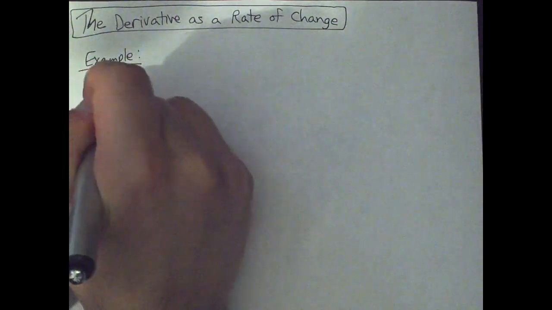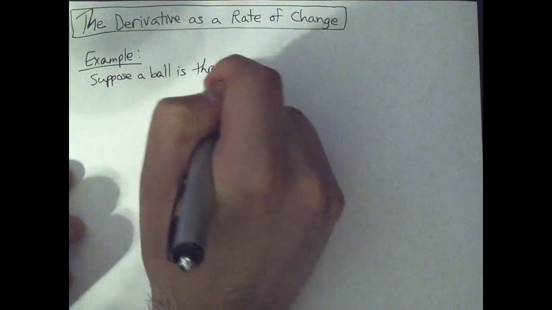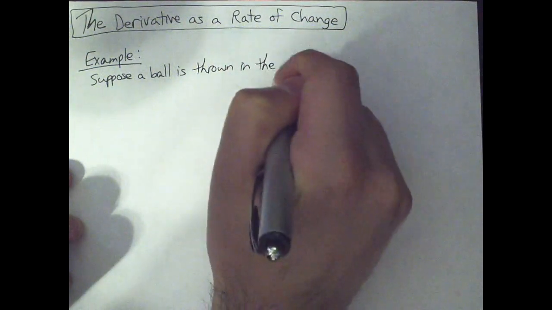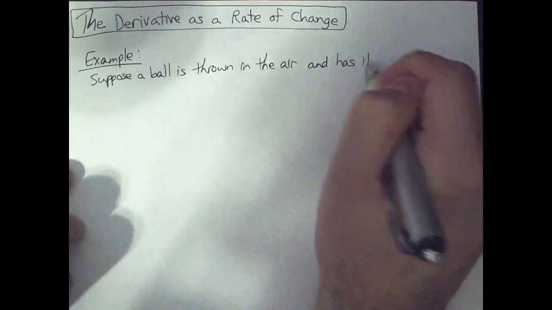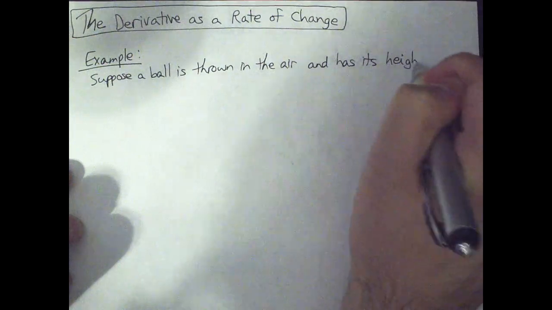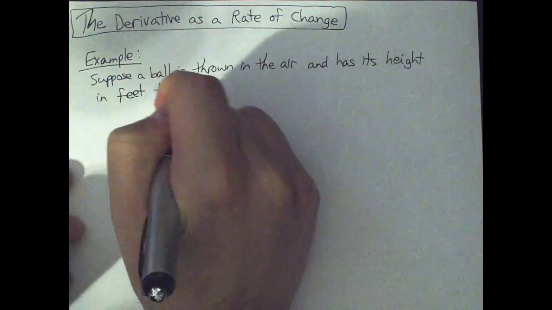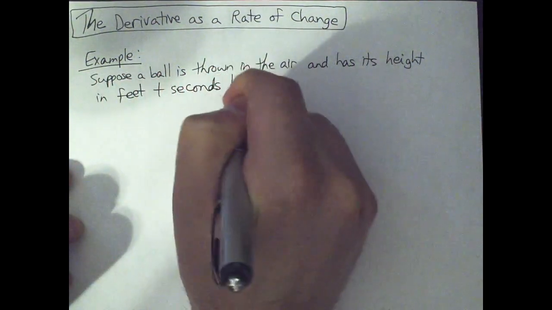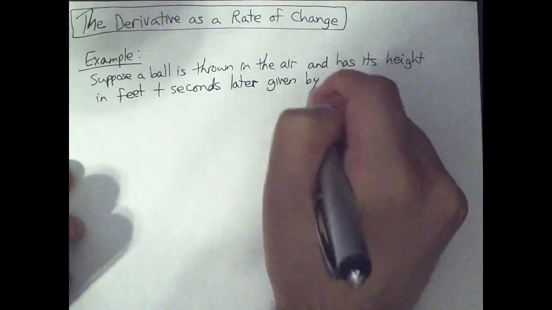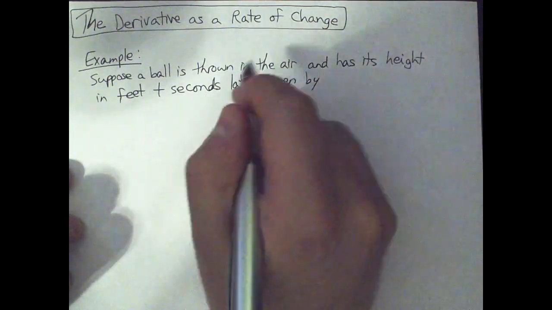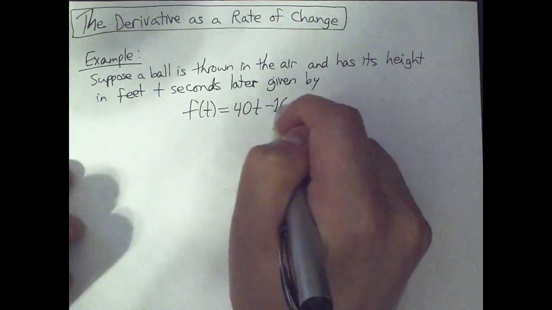All right, so suppose a ball is thrown in the air and has its height in feet t seconds later, given by f of t equals 40t minus 16t squared.